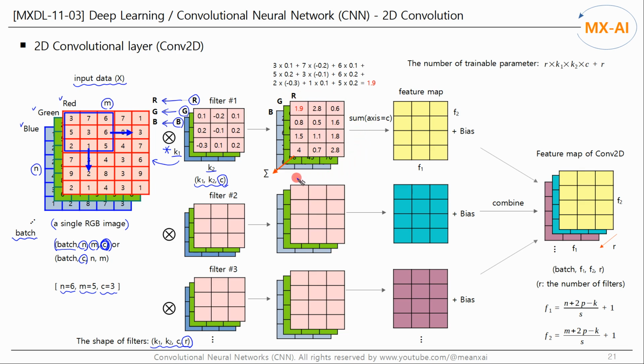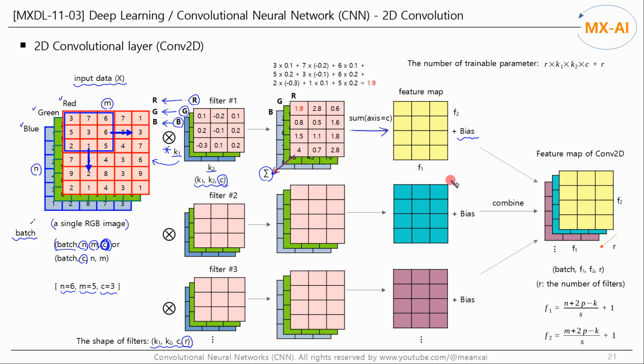Cross-correlation and convolution were also covered in the first video of this series. We then sum these matrices along the channel axis. Then we can obtain a 2D feature map like this. A bias can be added to these results.